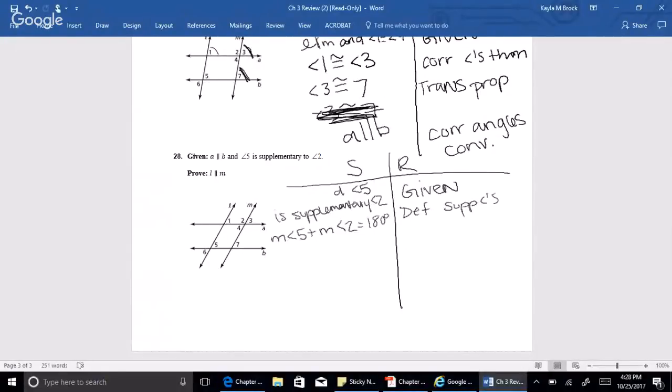Okay, then I'm going to say that angle 1 is congruent to angle 5. Here's angle 1, angle 5. This is because of the corresponding angles theorem.